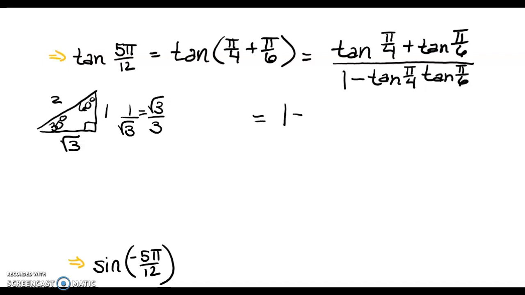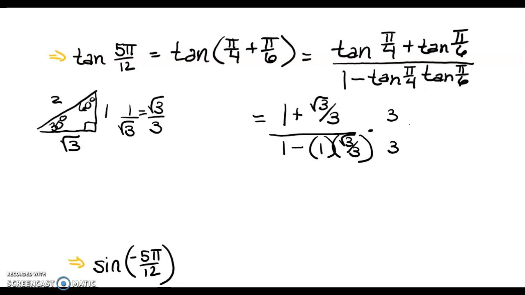The tangent of pi over 6 is radical 3 over 3. And then in the denominator, I have 1 minus 1 times radical, well, that's a plus, sorry, radical 3 over 3. So let's multiply both the numerator and the denominator by 3 to get rid of my complex fraction part.